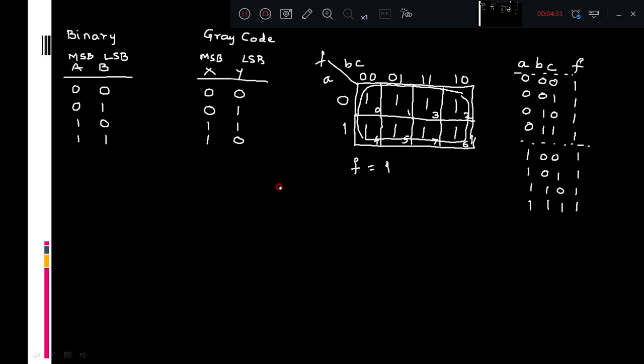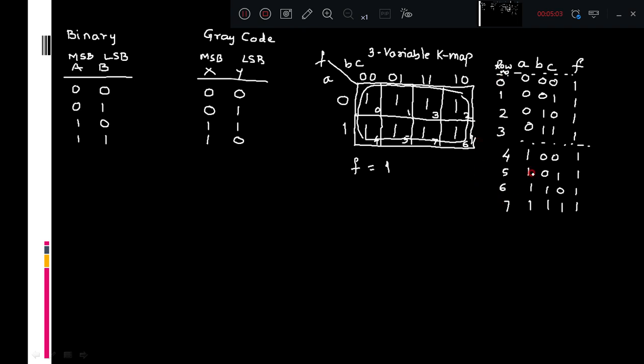So what we have observed is that in gray coding, the three variable K-map has got 8 cells. 8 cells correspond to each input combination. So if I write the row numbers, this corresponds to 0, 1, 2, 3, 4, 5, 6 and 7.